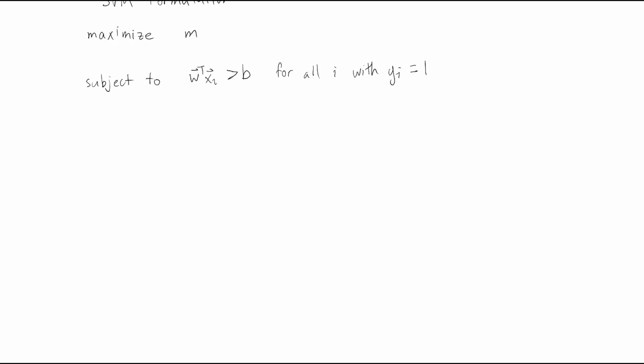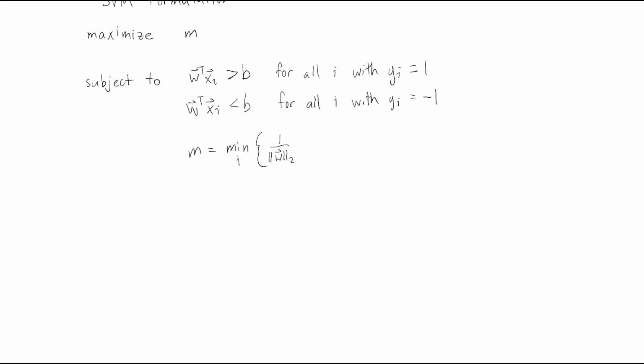And then w transpose xi less than b for all i such that yi equals -1. And finally, we have that the margin is defined to be min over the data points of 1 over the 2-norm of w.